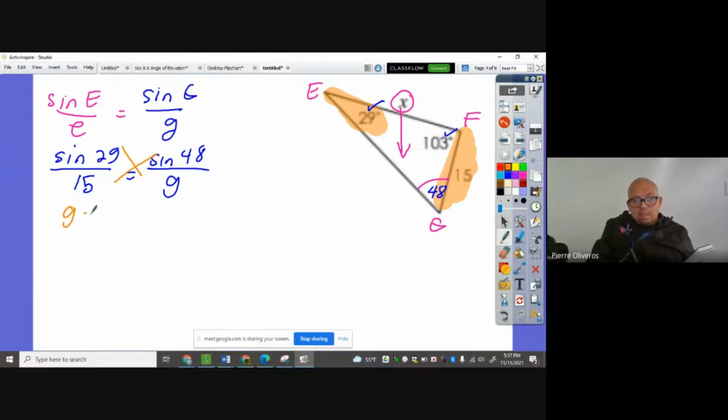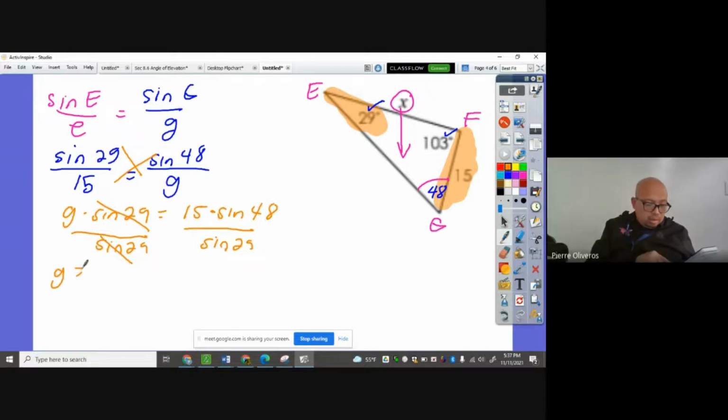So G times sine 29 equals 15 times sine 48. Divide everything here by sine 29. So therefore, G is equal to 15 times sine 48, enter, divided by sine 29, enter. The answer is 23.